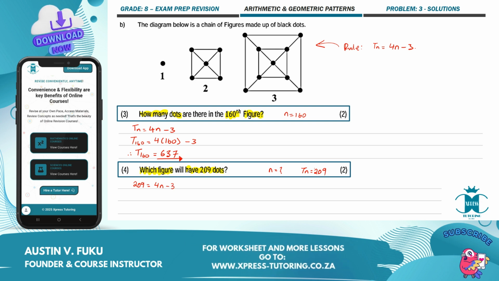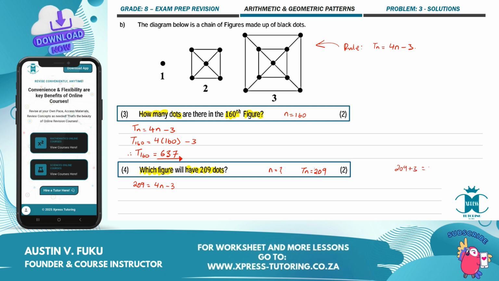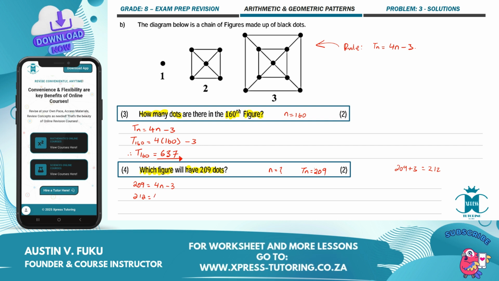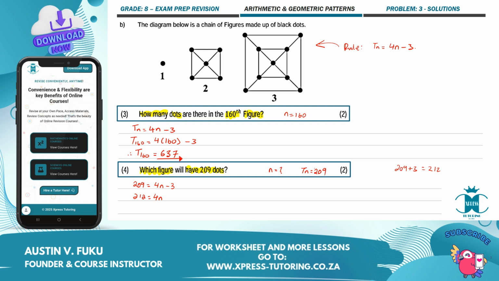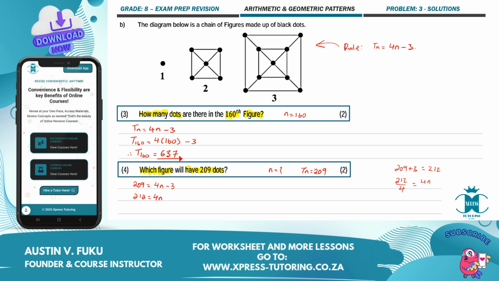Then we take the 3 to that side, that will be 209 plus 3, which will be equal to 212. So we're going to have 212 is equal to 4n. And now to get n by itself, we're going to have 212 divided by 4 is equal to 4n divided by 4.